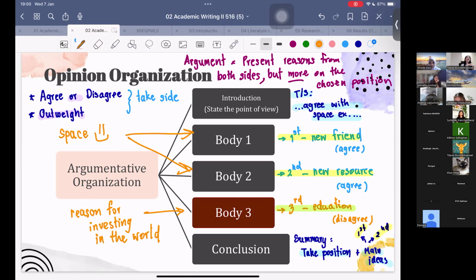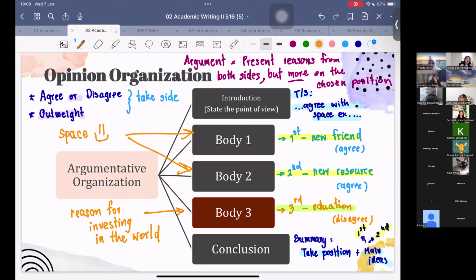So with argumentative, it means that I need to present more of the reasons why we should do space exploration, and then some reasons from the opposite side, which is why we should not do space exploration. And the opposite side of not going to space is technically like invest in the world, stay in the world, not going out, spend money in the world.